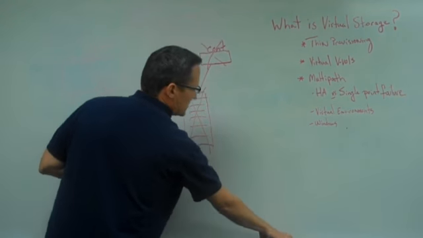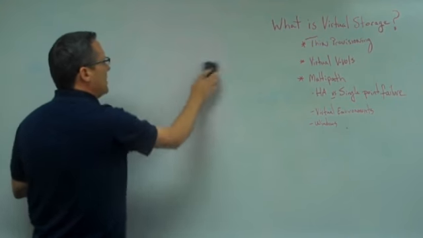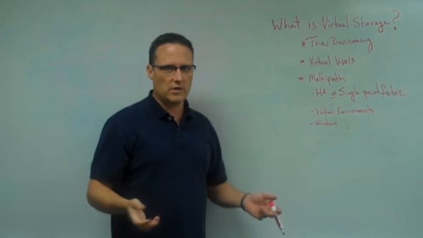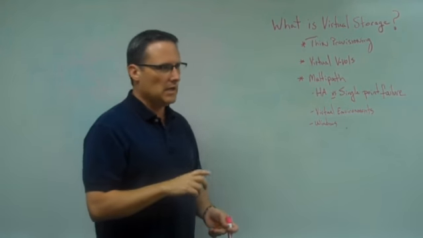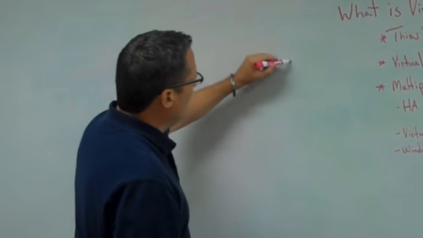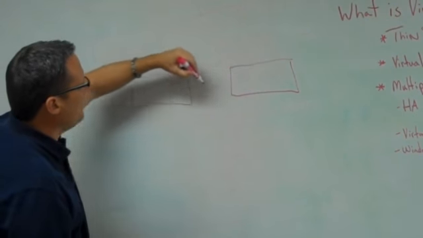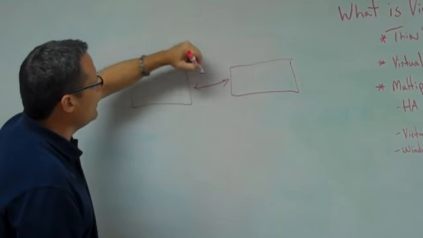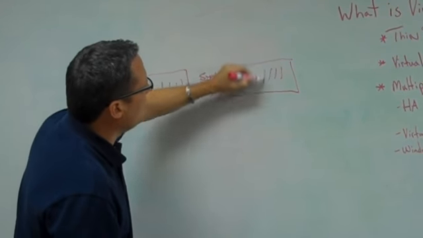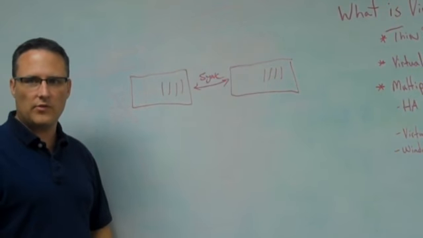So what DataCore does, and as I mentioned, it's a product that runs on a Windows-based operating system, which means you can use any type of server you'd like, good server class, Dell, HP, Sun, whatever you'd like. And what DataCore will do is we put them out there in a pair, running synchronous replication. You have your drives inside each of your SANs, and that data is going to be replicated all the time.